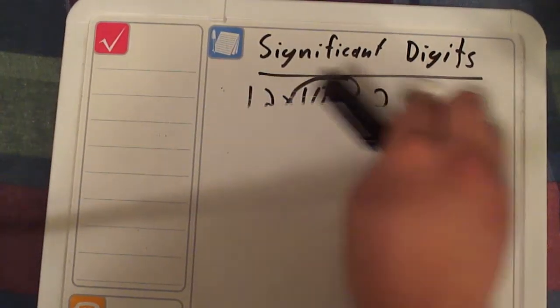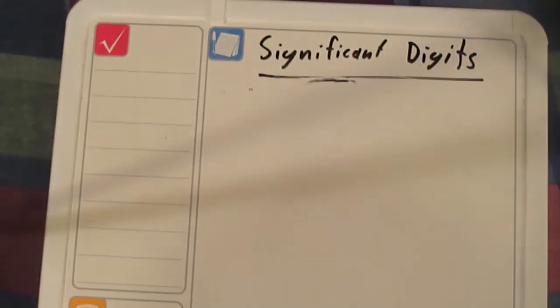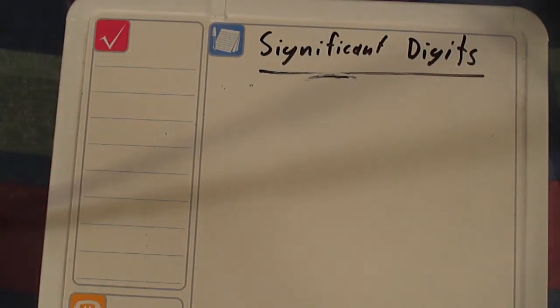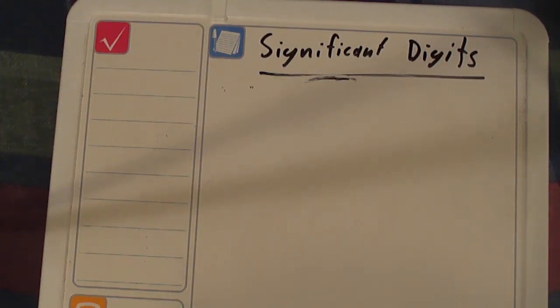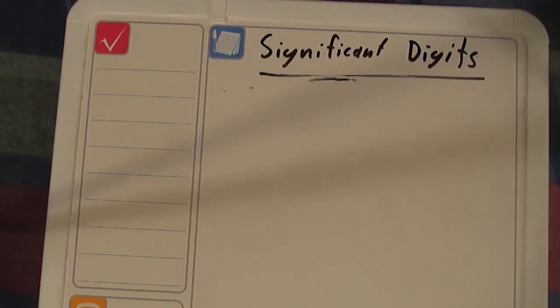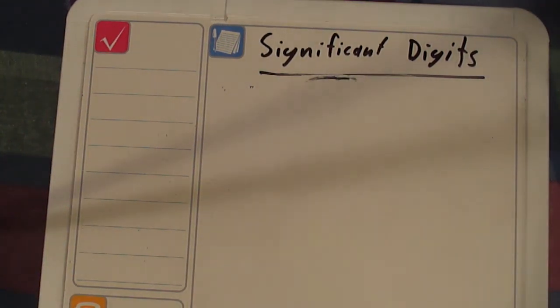Next is just doing examples of actual calculations. One of the important things about significant digits is that the significant digits for your calculation will always change depending on what you're using it for.